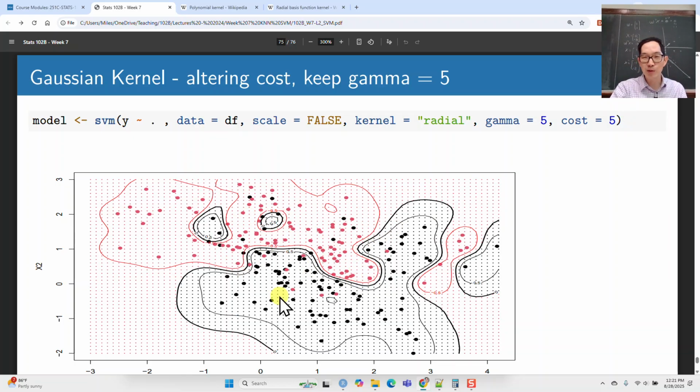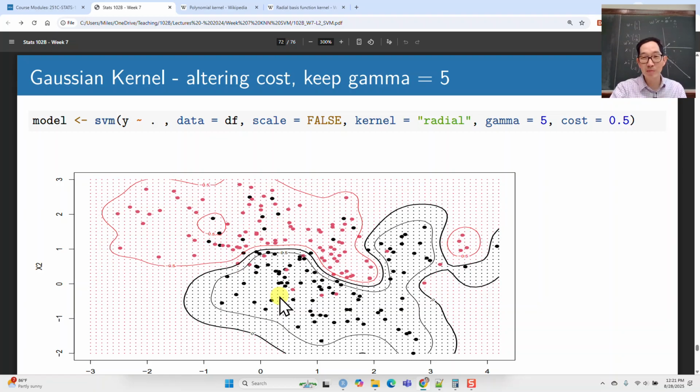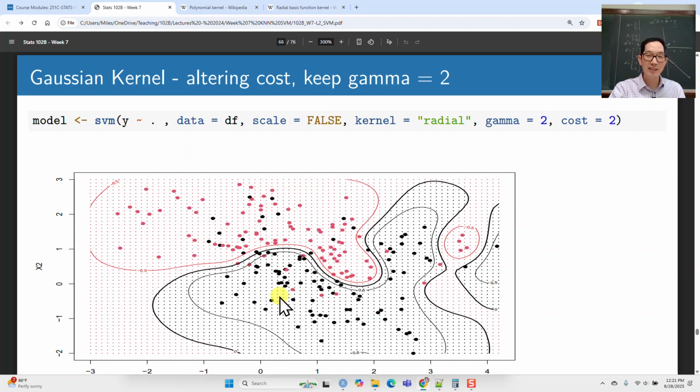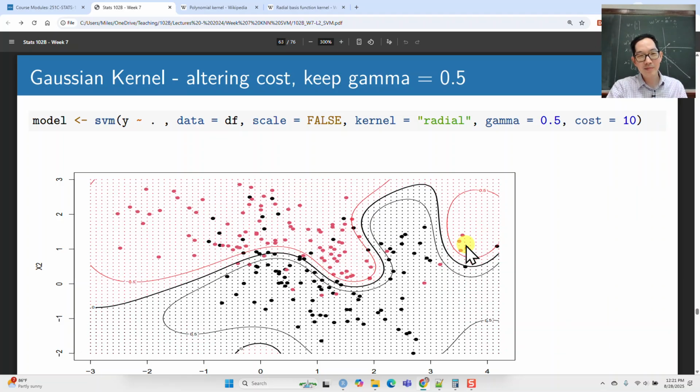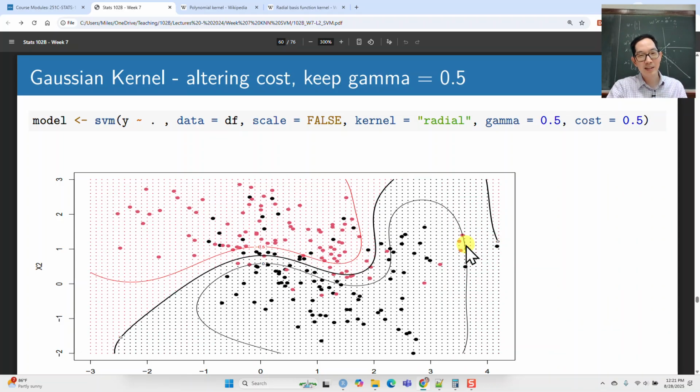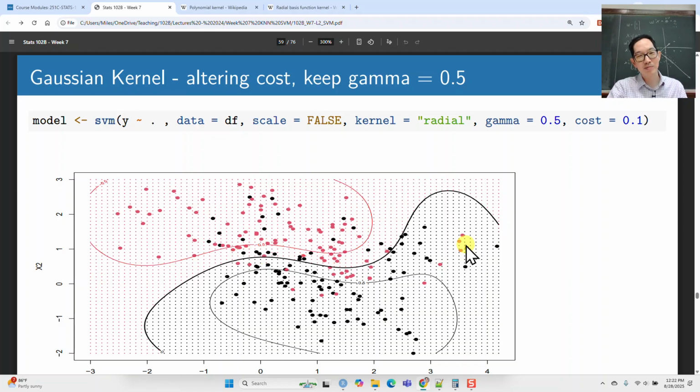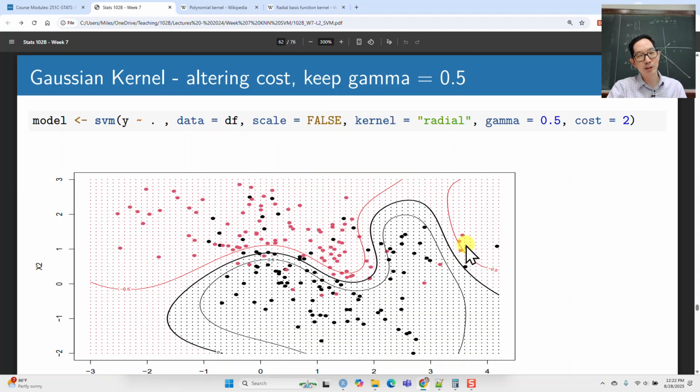This one's probably overfitting. I'd probably go with something. This looks reasonable to me. It really comes down to, do I want to have a special carve out for here or not? Because this also seems halfway reasonable.